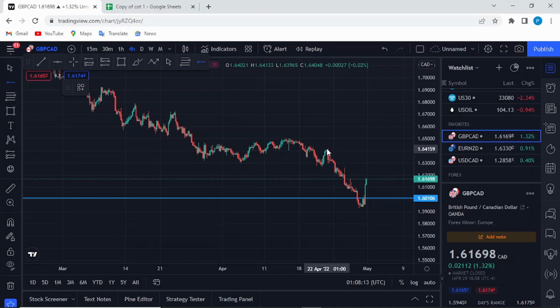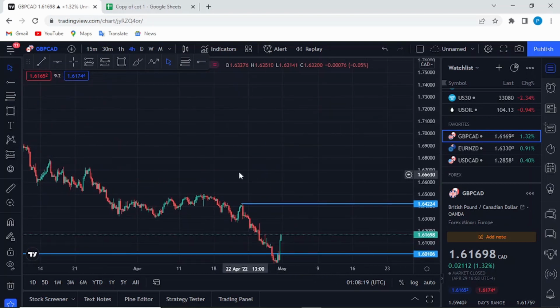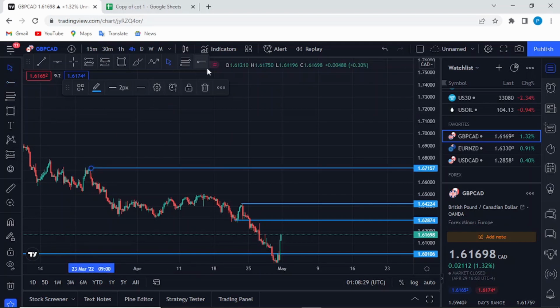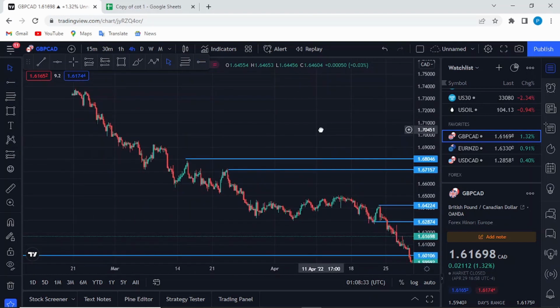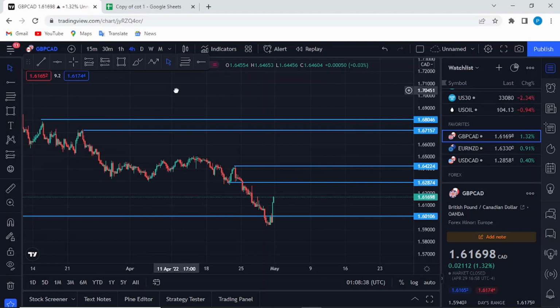This is an area of resistance right here. This one too is an area of resistance. This could be one. This could be one. So enough of the identification.